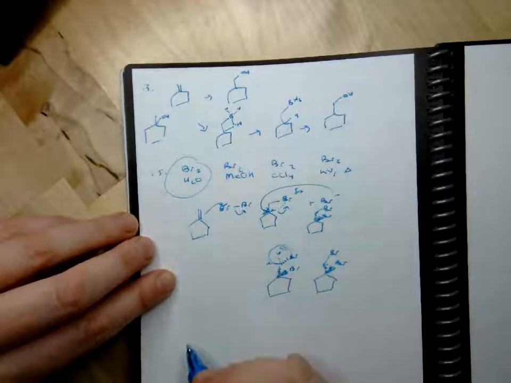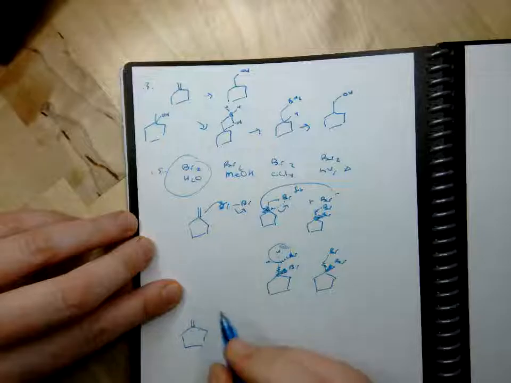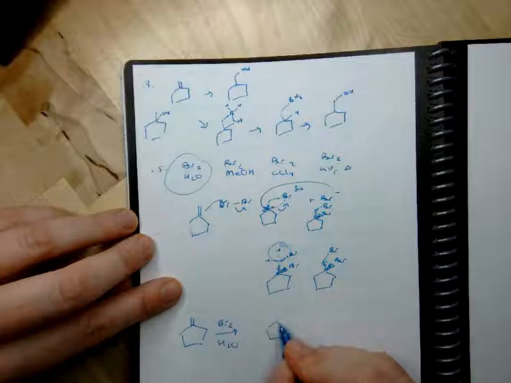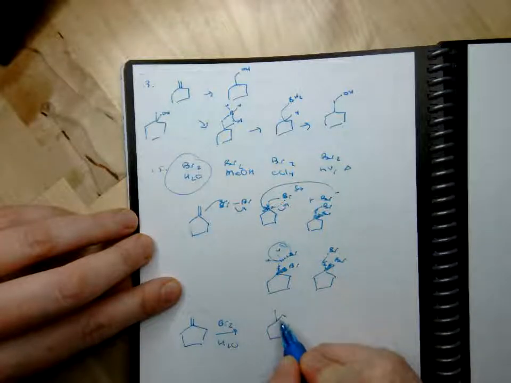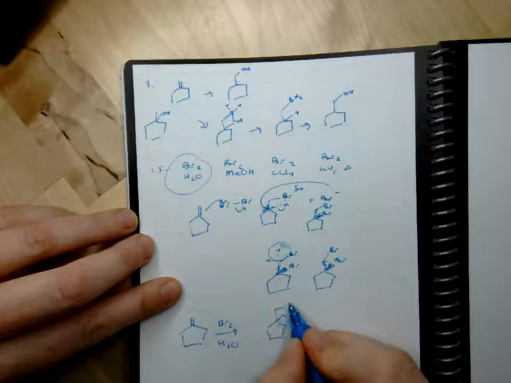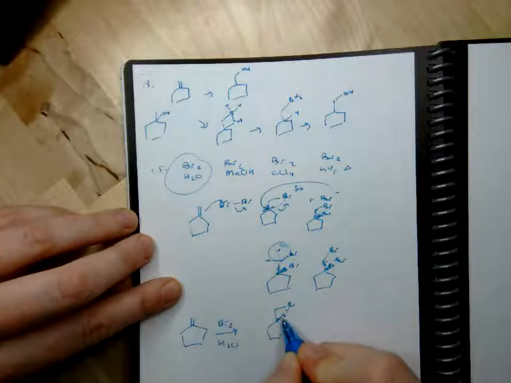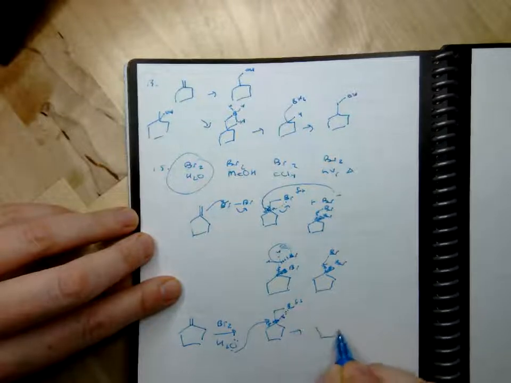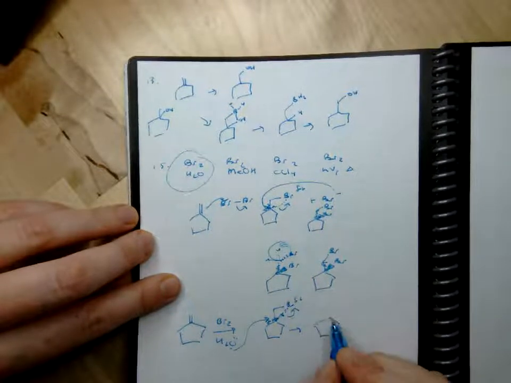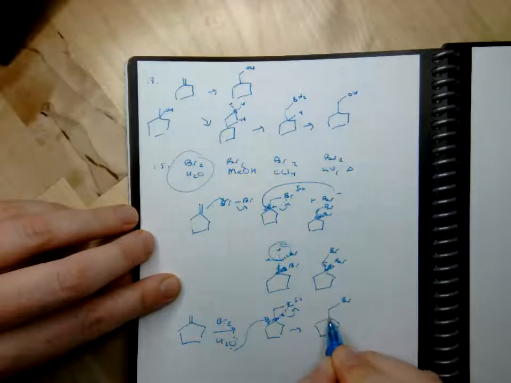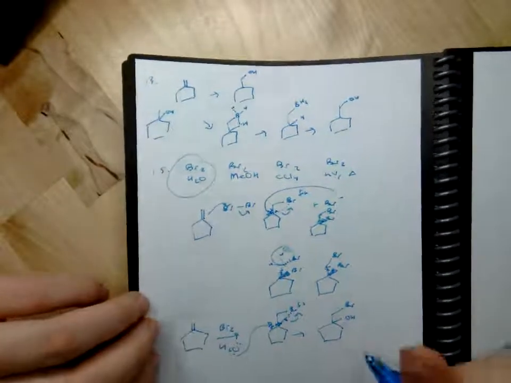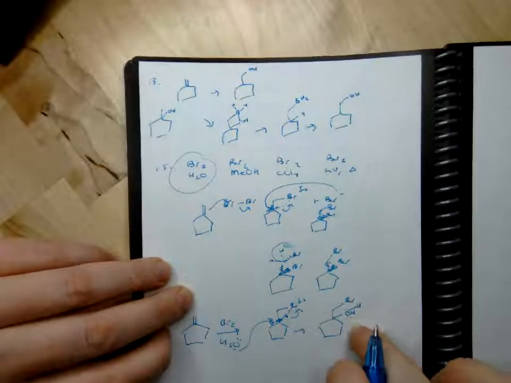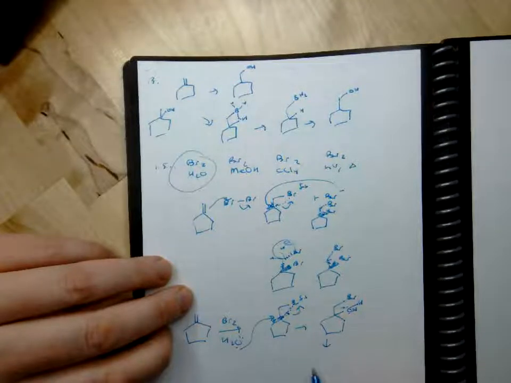So if you have a double bond like this and you have Br2 in H2O, it will do a very similar reaction where initially it adds the bromine with a partial positive here and a partial positive here, but then the water attacks and breaks this bond, and you get your bromine up here and your water. That's actually OH2 plus, and then it gets deprotonated.